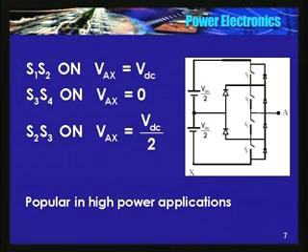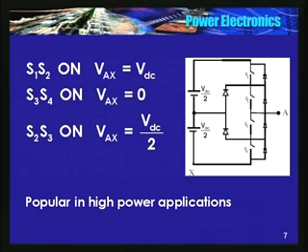See here, S3 is closed, this point, A, this, it is VDC by 2. So in this case, VAX is either 0 or VDC.